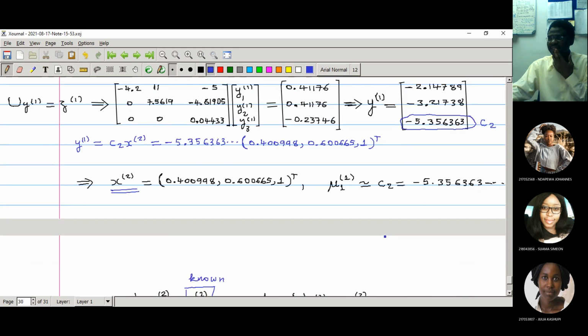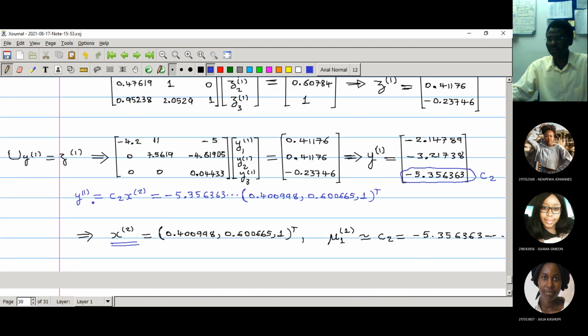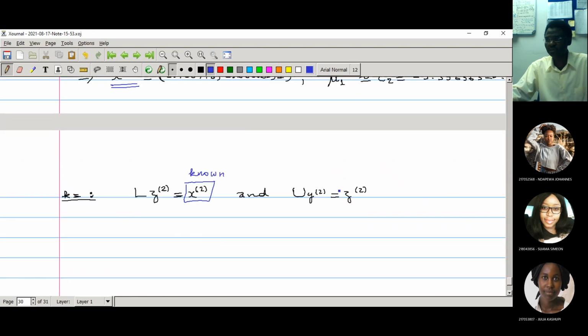So that's exactly what we did here. Once you have your Y, Y1, you generate your next X, which is X2. You get it, substitute in your LU. From here, when we solve at the end, we will get Y2.